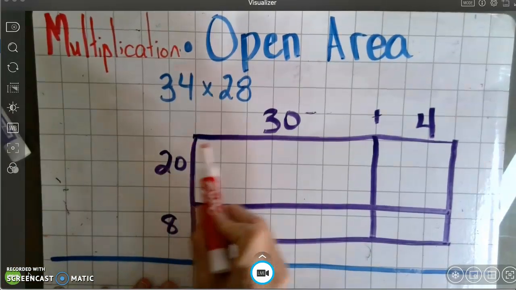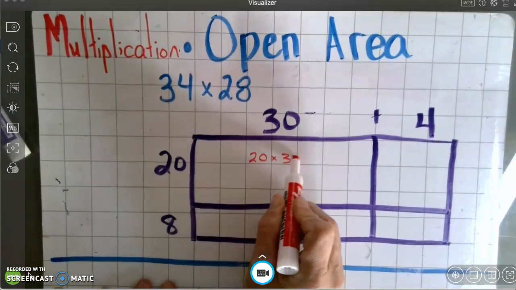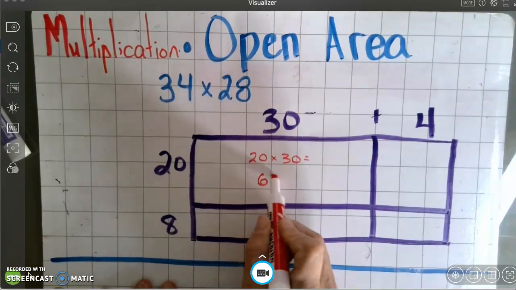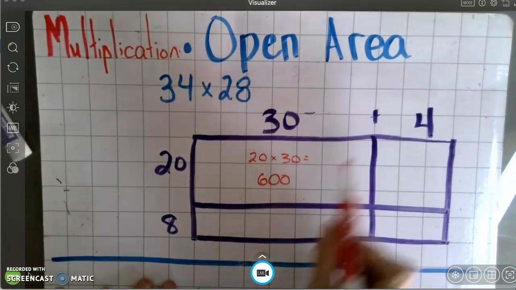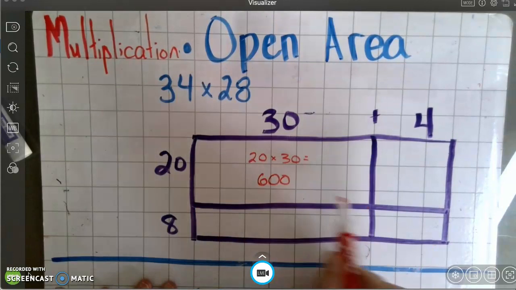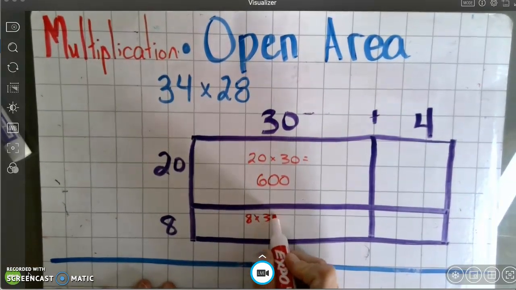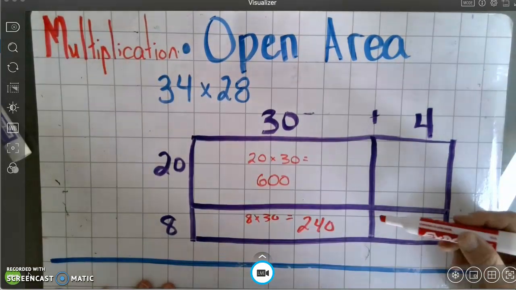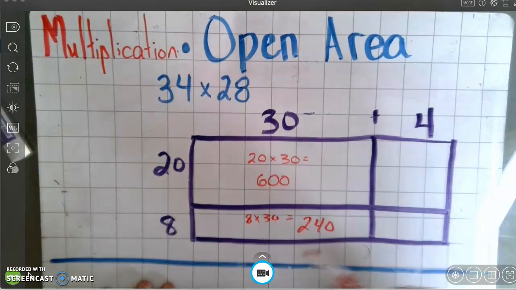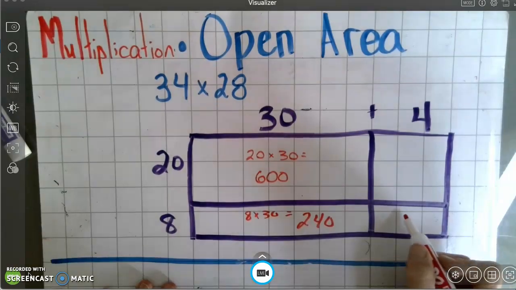So a 20 by 30 array is 600. An 8 by 30, these two lines are the exact same length. So an 8 by 30 equals 240. This is 8 because it's opposite this side, and opposite sides of rectangles are equal.